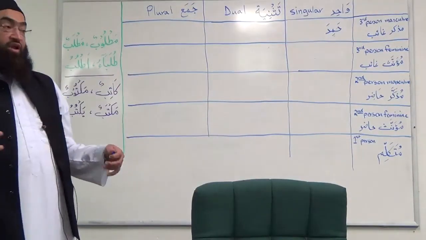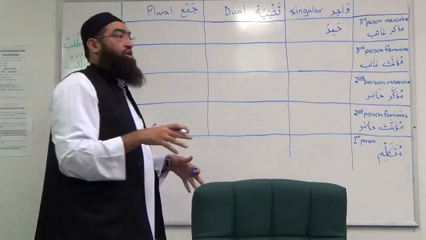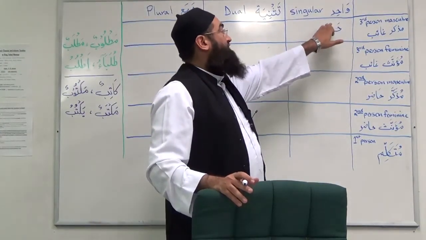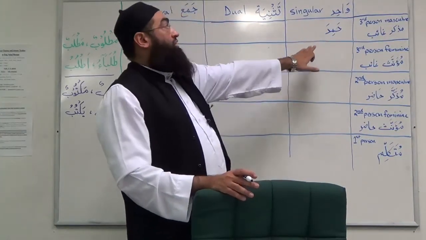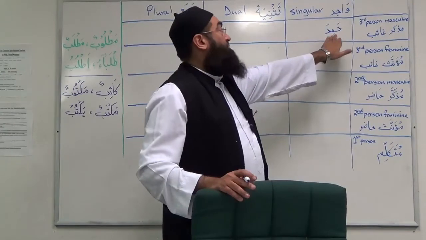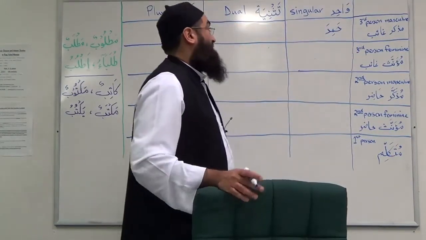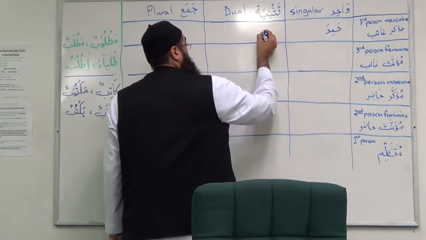Then you drop the alif, you drop the lam, you drop all the signs on it, and then you put a fatha, fatha, fatha. But this is one of those verbs which has a kasra on the ayn kalima, so we will say hamida. All right. How would you say those two men praised?